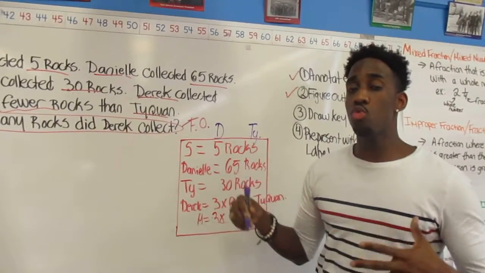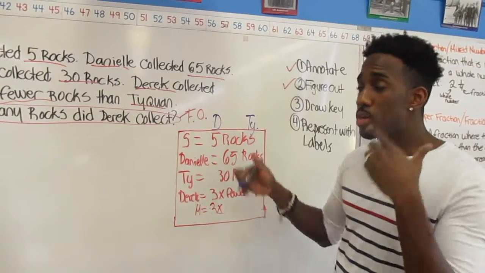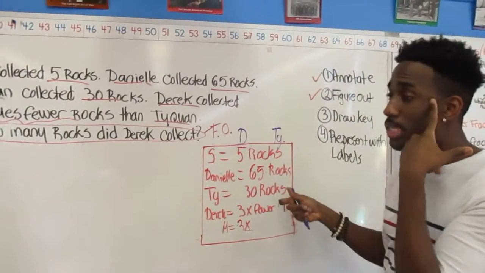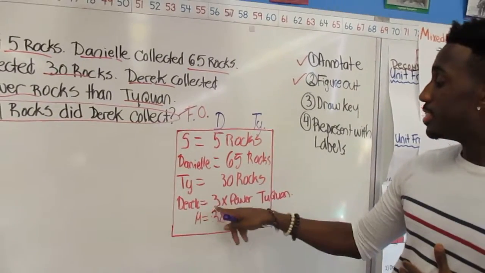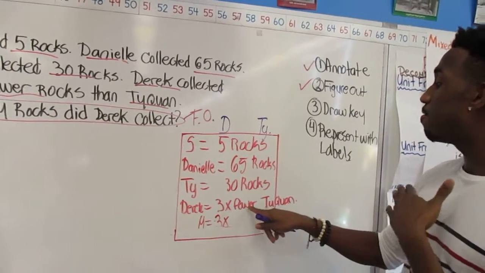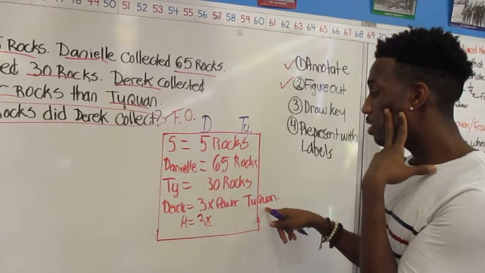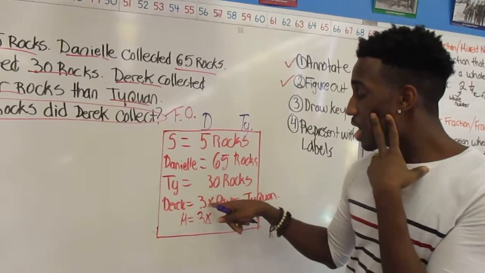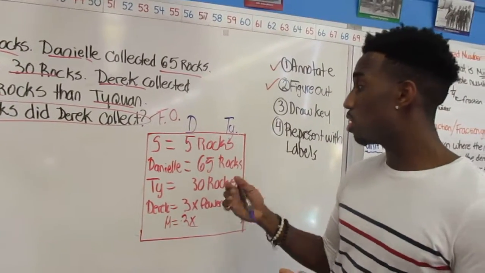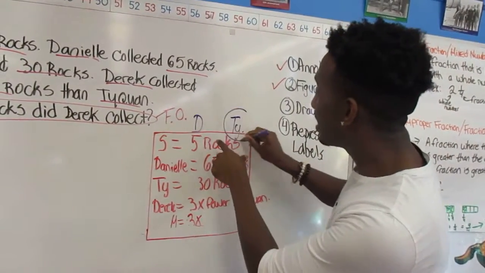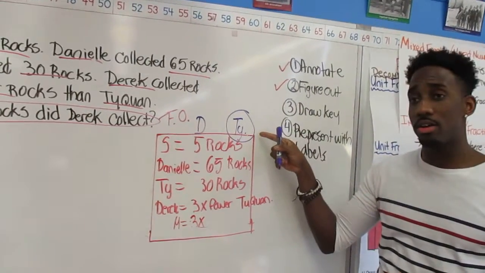And I want to circle whichever one is greater. So let me go back to the story problem. Let me go back to my key to figure out which one is greater. So it says that Derek collected 3 times fewer than Taekwon. So if Derek collected fewer, that means that Taekwon must have collected more. So I'm going to circle Taekwon because I know that Taekwon is greater.